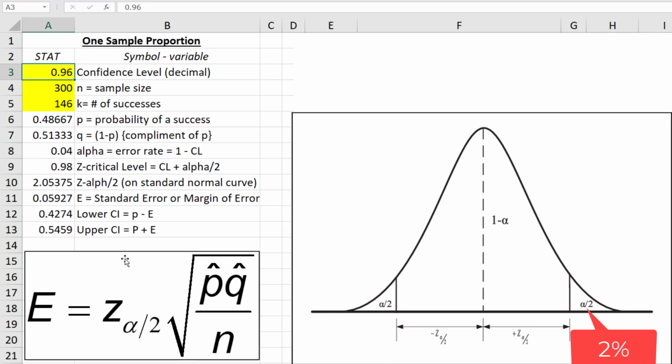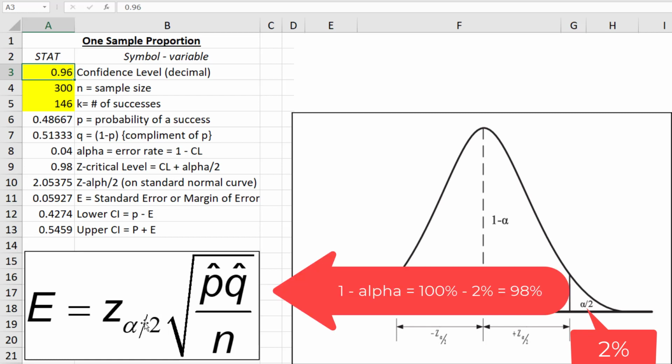Now, in order to get a Z of 2%, i.e. what's the Z critical value that has only 2% in the tail above it, in Excel and also in a lot of technology, to find that value, you have to tell the piece of technology the proportion of area that's below it, to the left of it. So if we have 2% in the tail above it, we have 1 minus that, or 98% below it.